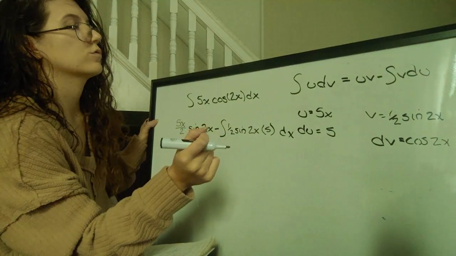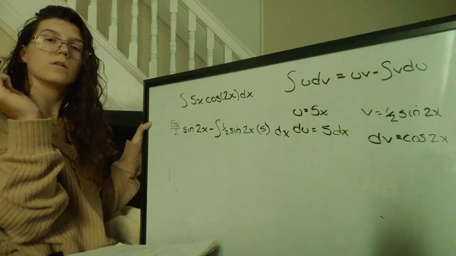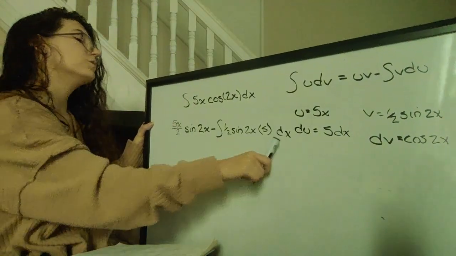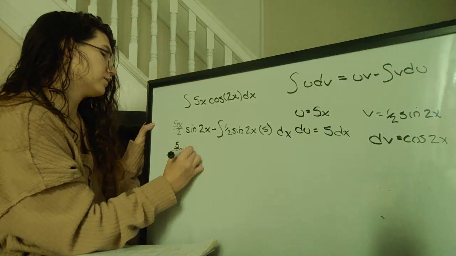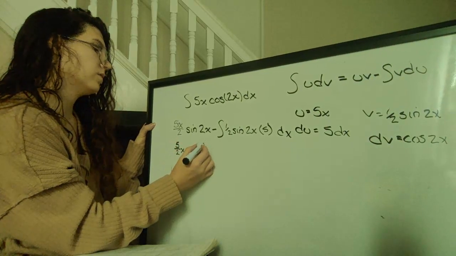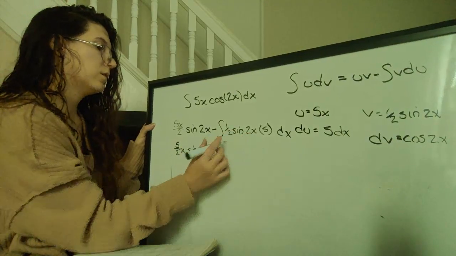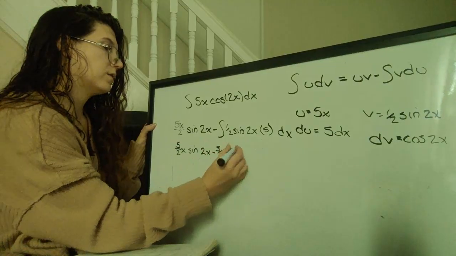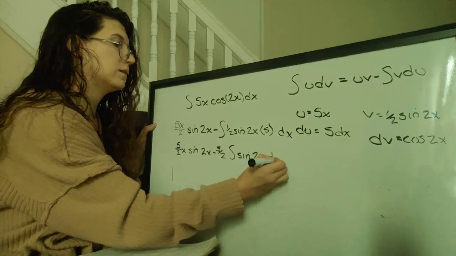That's where that dx comes from. That's correct. So now I can say 5 halves x sine 2x minus 5 halves integral of sine 2x dx.